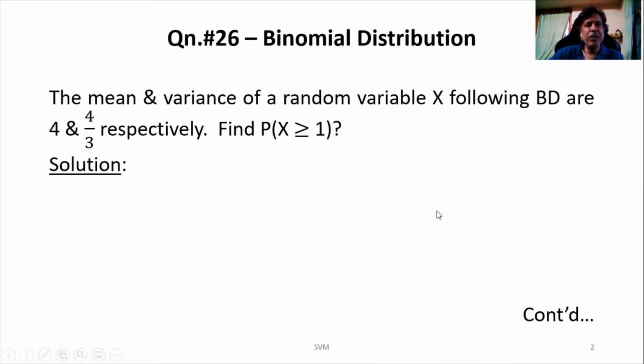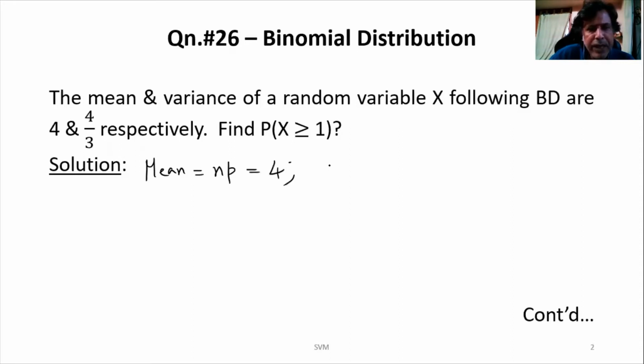So in this question number 26, what is given? The mean and variance of a random variable x following binomial distribution are 4 and 4 by 3 respectively. So let me write it. Mean of a binomial distribution, we know it is n into p, that is given as 4.